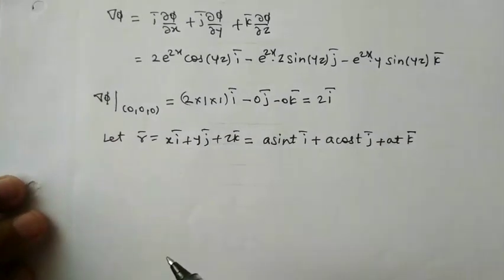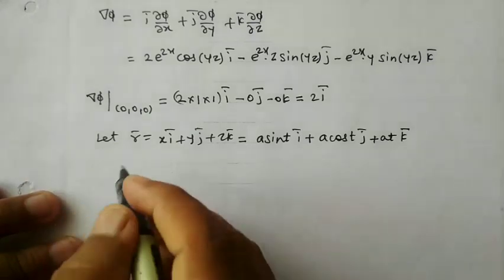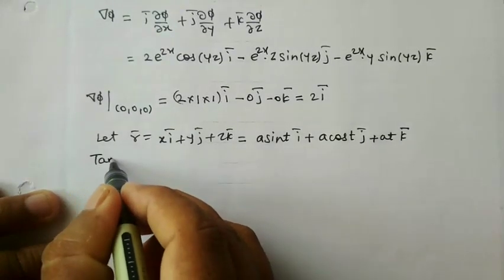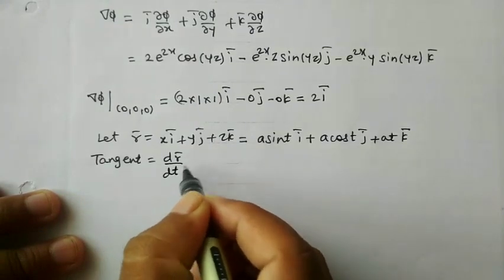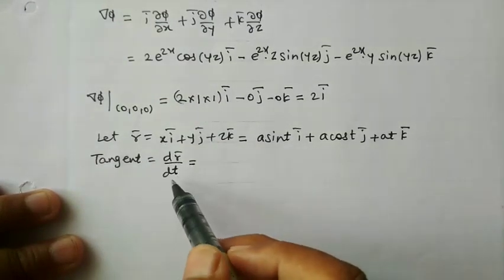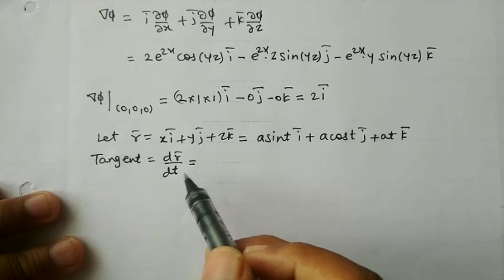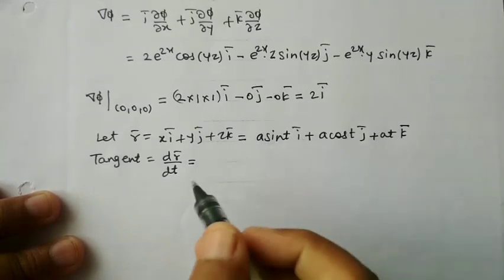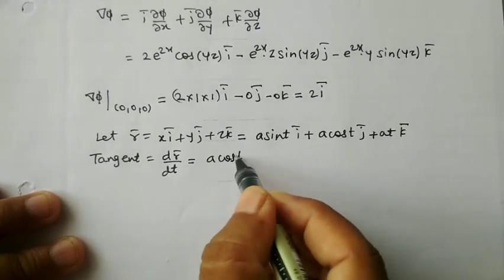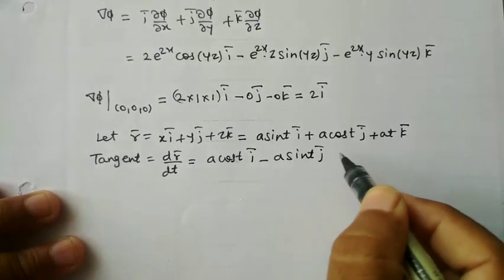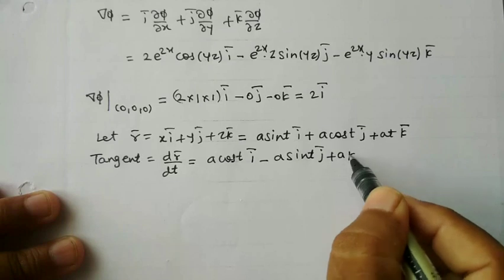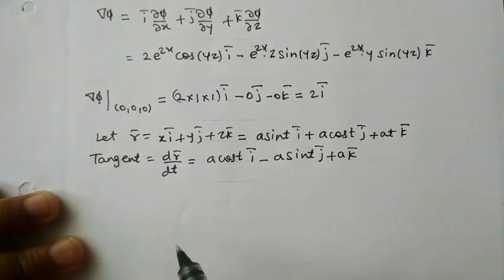You already learned in the first lecture that we can find the tangent by using dr bar by dt. That means when you differentiate r bar with respect to t, we get the tangent vector. The derivative of a sin t with respect to t is a cos t into i bar, minus a sin t into j bar, plus a into k bar, since the derivative of a t is a.